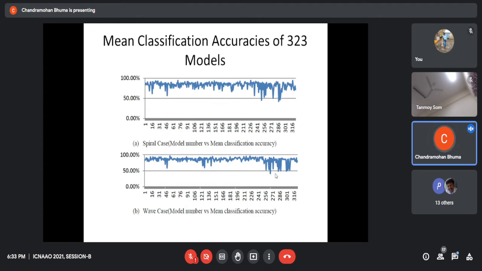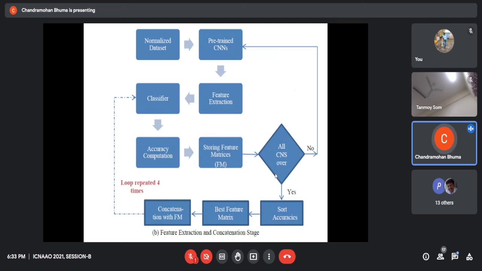So the selection here is basically a sequential one. First, we choose the top one. In subsequent stages, we test each and every model. We repeat this for all the 300 models, and whichever performs the best after concatenation is taken as the second one.